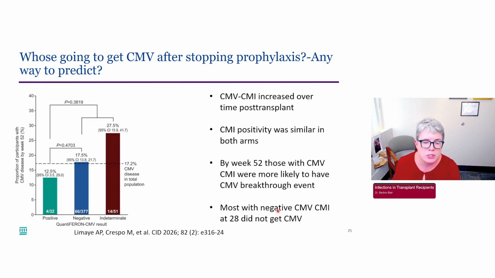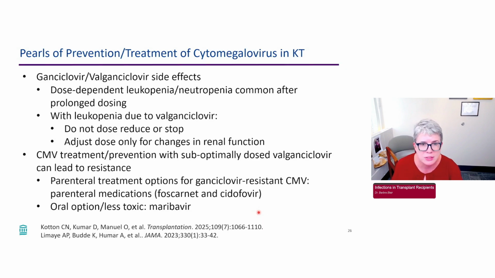And the most disappointing part of the study was that even if you had negative CMV cell-mediated immunity at 28 weeks, that did not predict that you would go on to have CMV disease. Unfortunately, it was a negative study, and most of the people who didn't have immunity still didn't go on to get CMV disease. So we're still looking for how to predict who will get it a little better than what we have right now.